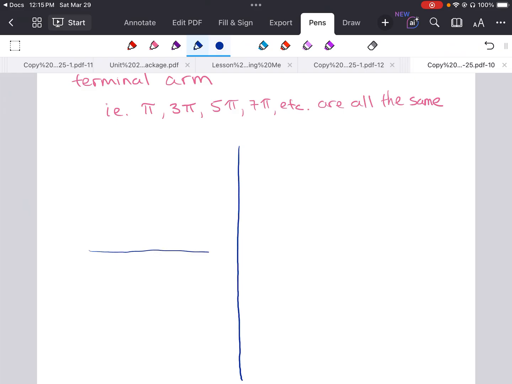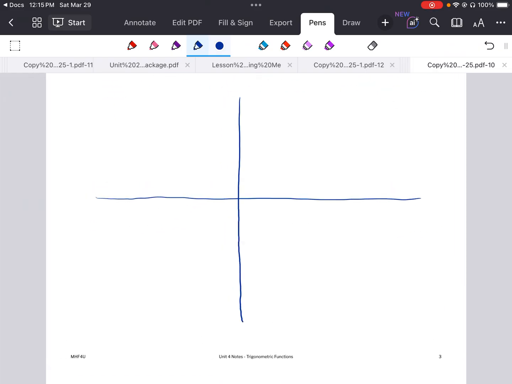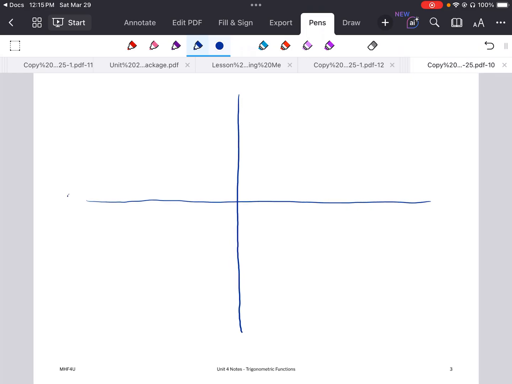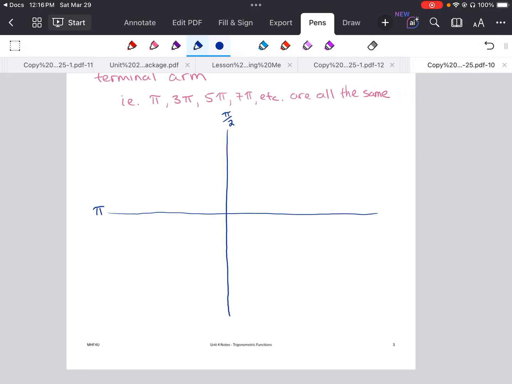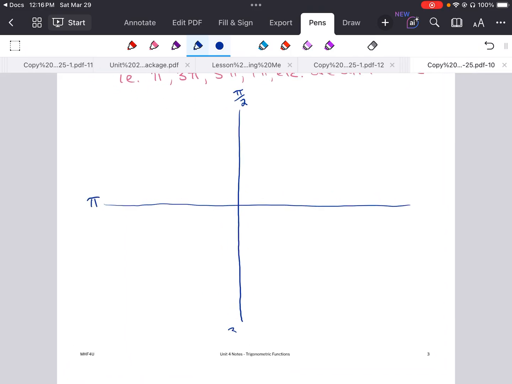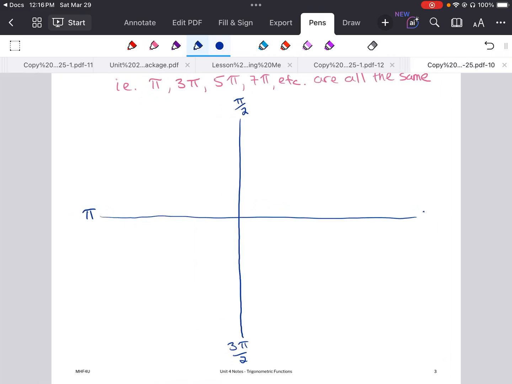So we have our Cartesian plane, and we're learning now that 180 degrees is pi, 90 degrees is pi over 2, 270 degrees is 3 pi over 2, and then the original one is 0, but it also ends up being 2 pi if it went all the way around.